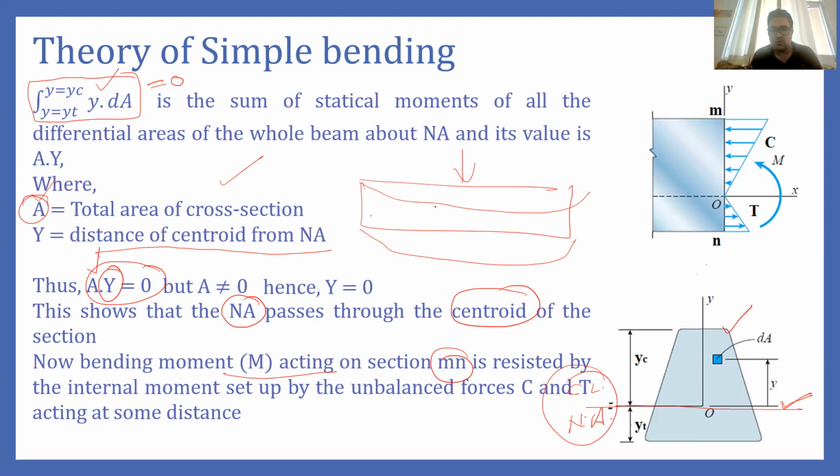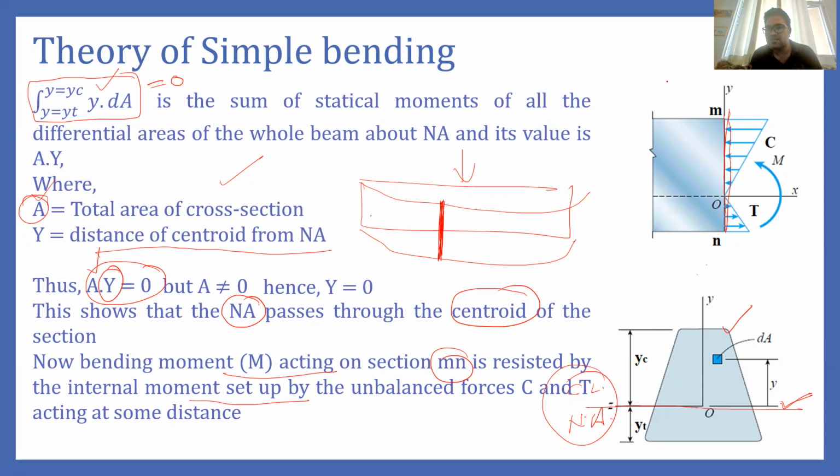Here we are only analyzing one section, and we find the bending moment M acting on section Mn. This bending moment will be resisted by the internal moment set up by the unbalanced C and T force.